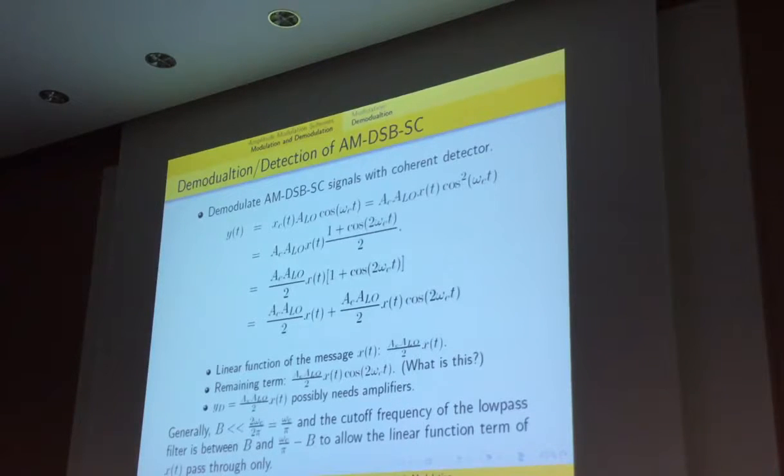Similarly, as I showed just now, this signal's frequency range is from 2f_C minus B to 2f_C plus B. This one's frequency range is from 0 to B. So I need to choose a cutoff frequency for the low pass filter within a range from B to 2f_C minus B. Any frequency in this range can be used as a cutoff frequency.